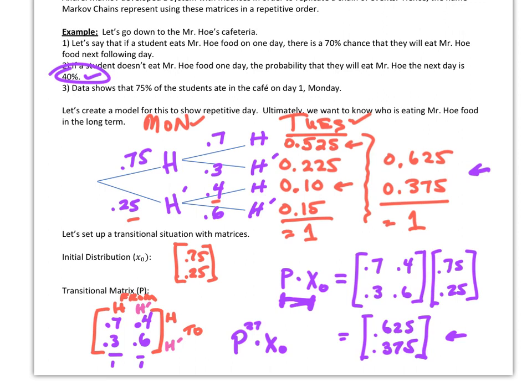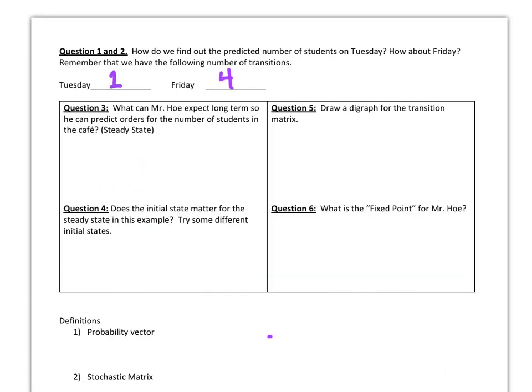So, for instance, if I want to know what happens Friday, and this is on your next sheet, how many transitions did it take from Monday to Tuesday? It's going to be 1. How many from Monday to Friday? Some people might think it's 5, but it's actually just 4 transitions. And so you have to figure out how many you do have in order to calculate these things. So now when we do this, Mr.